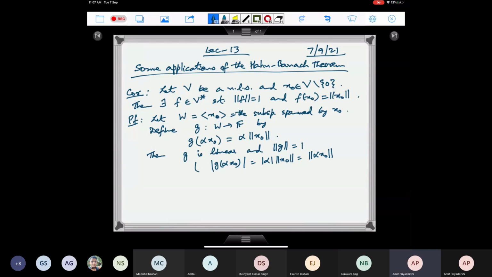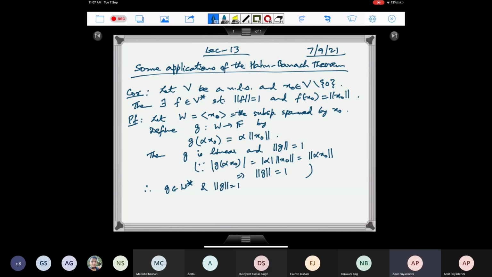So this implies that if we take the supremum, norm G is equal to 1. So we get a bounded linear functional on W. Therefore G belongs to W star and norm G is equal to 1.